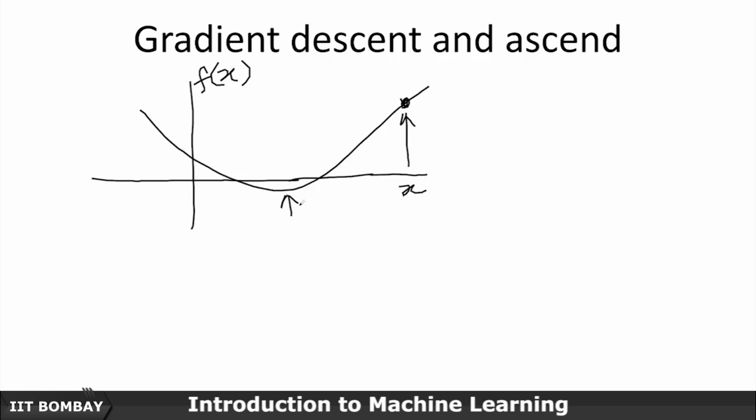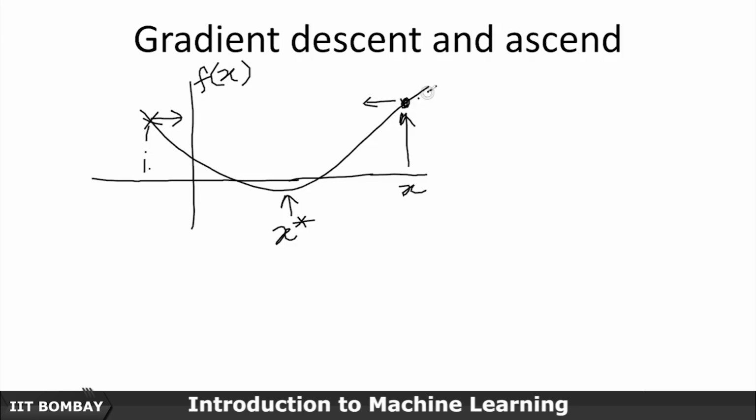We want to find the value of x star that gives me the minimum point. So, here what is the direction with which I should change x? You can see that x star lies to the left of x, and if by some chance I had x here, then x star lies to the right of x. So, how can we find this direction?